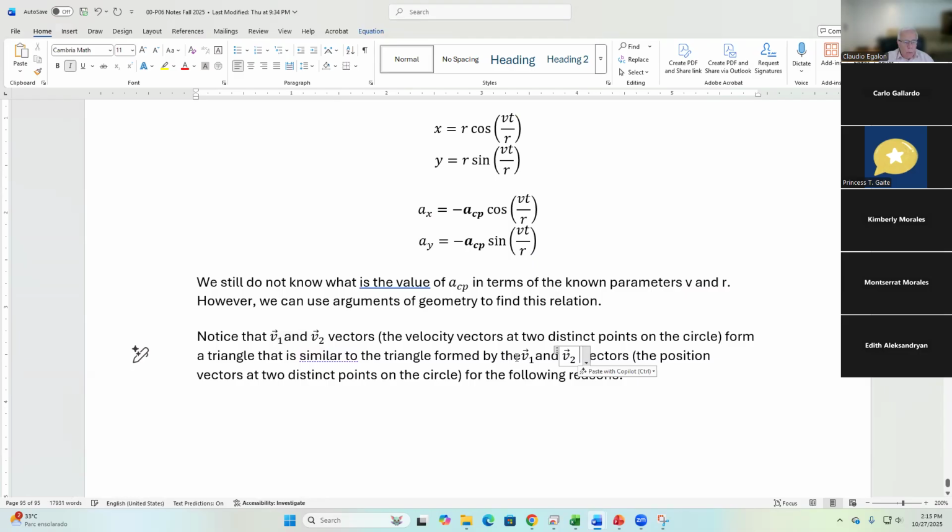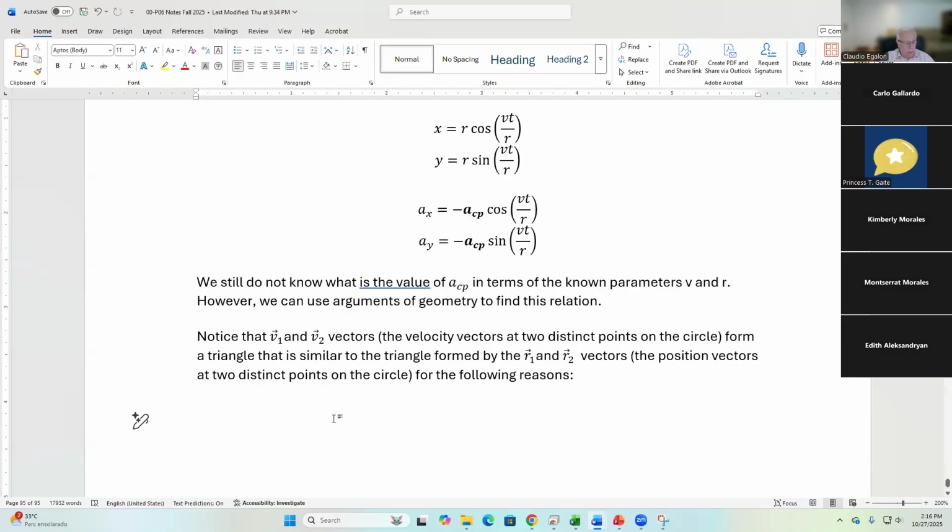R1 and R2 vectors. The position vectors at two distinct points on the circle, for the following reasons.